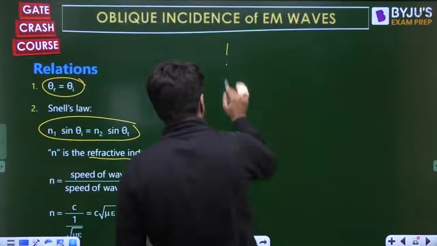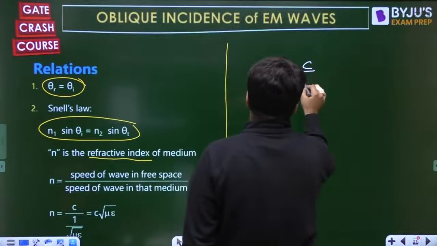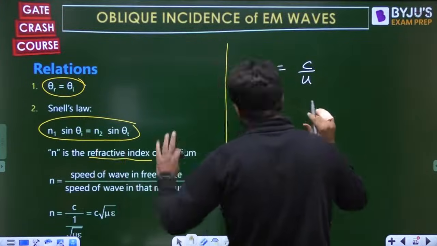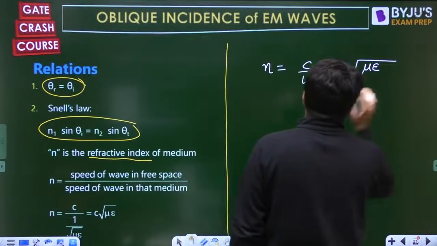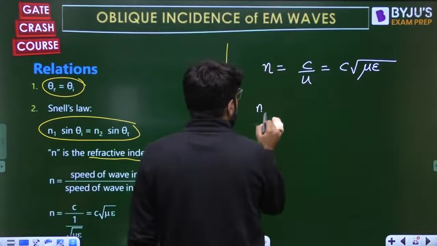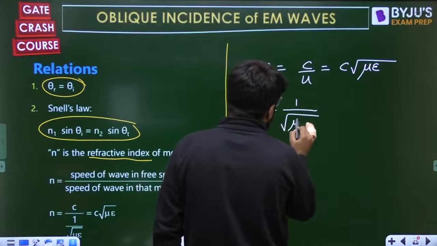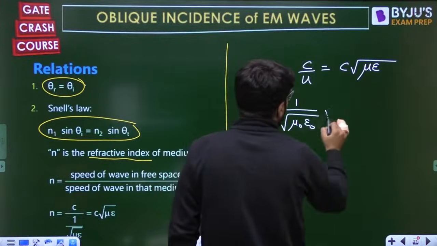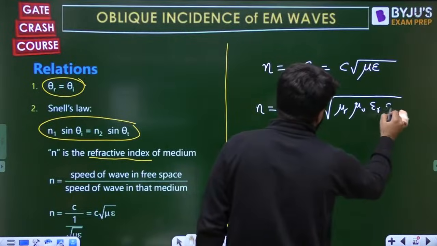Now there are different formulas for it. n is either c by u, where u is the speed of wave in that particular medium, or c root mu epsilon. Or, c is given by the formula 1 upon under root mu naught epsilon naught, and mu epsilon can be written as mu r mu naught, epsilon r epsilon naught.